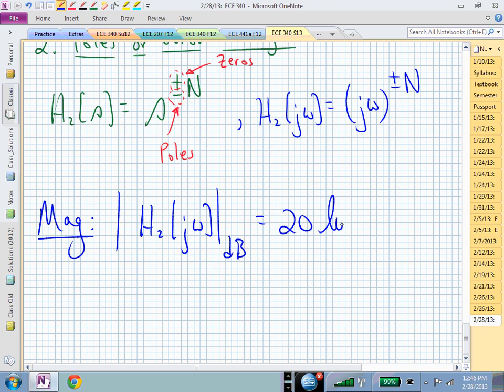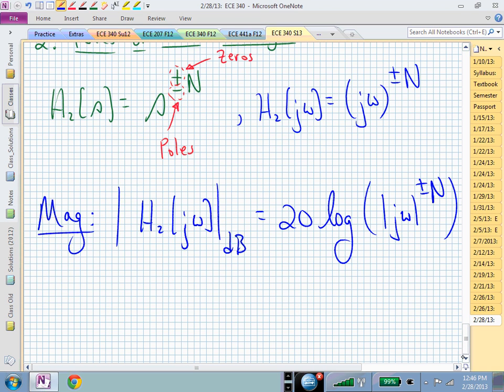We're saying we're taking 20 log base 10 of the magnitude of j omega to the plus or minus n power. How does j impact that magnitude? It doesn't, does it? The magnitude of j is 1. So we can get rid of that magnitude sign and j if we want and just call it omega.